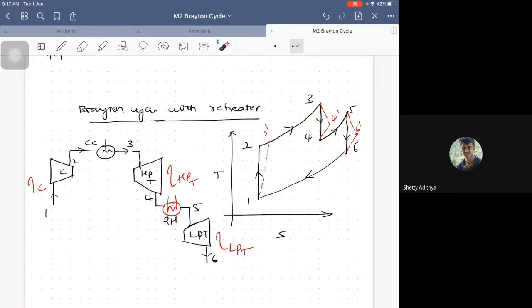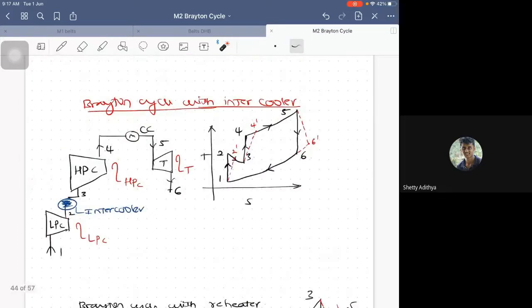So when an intercooler is there, your compression process would occur in 2 different stages, a low pressure compressor and a high pressure compressor. After the first compression, you will intercool it. That means you cool it down to the initial or the lowest value. Then again you compress it. So that is what the intercooler does. When an intercooler is introduced, you are compressing in 2 different stages.